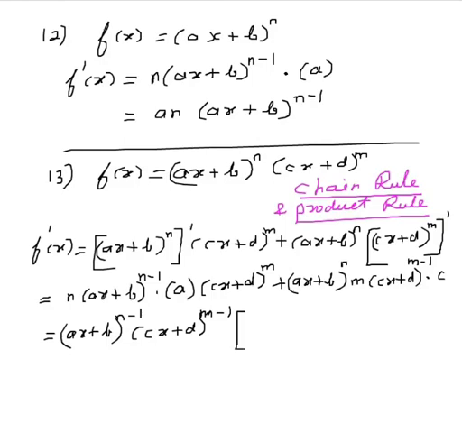Therefore, from the first term, we get an times cx plus d, and from the second term, we get cm times ax plus b. We have power n, ax plus b whole power n. We have removed ax plus b whole power n minus 1. So one factor is left.